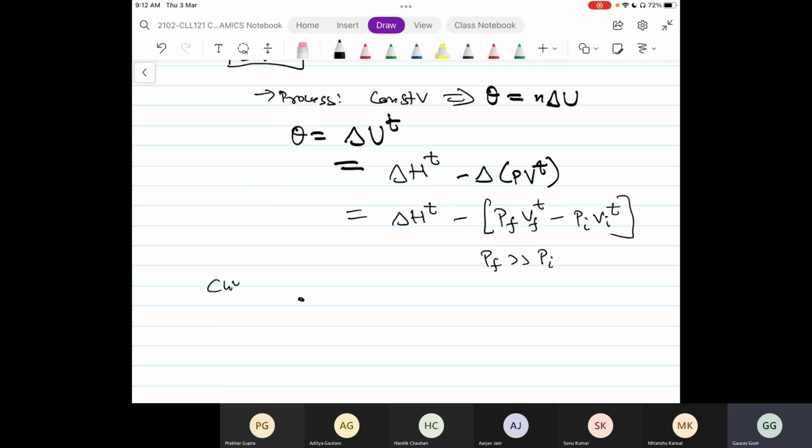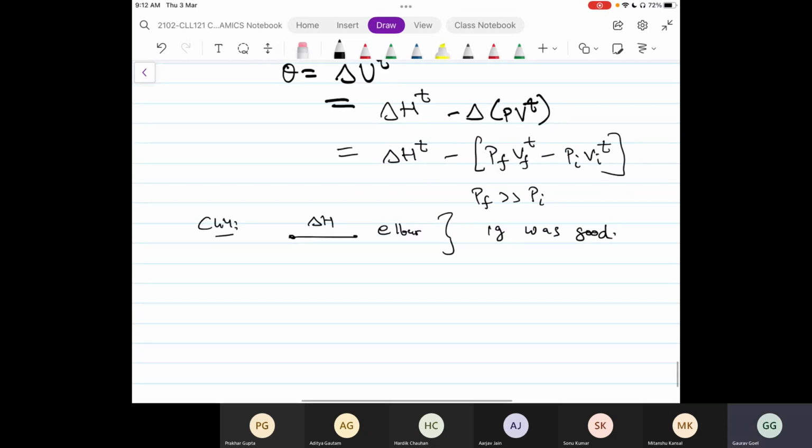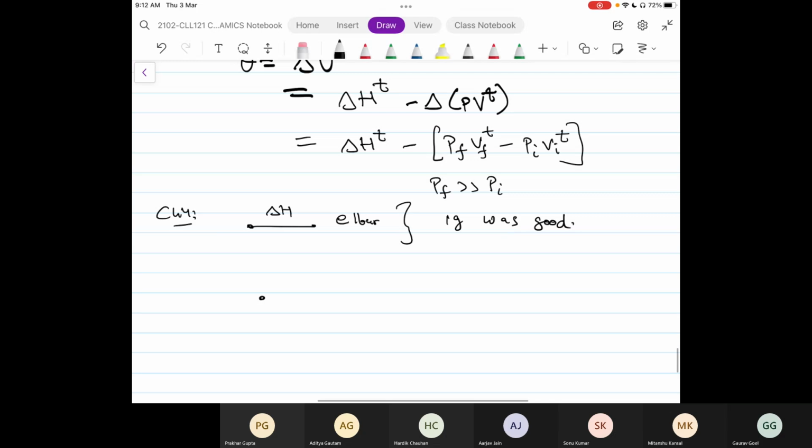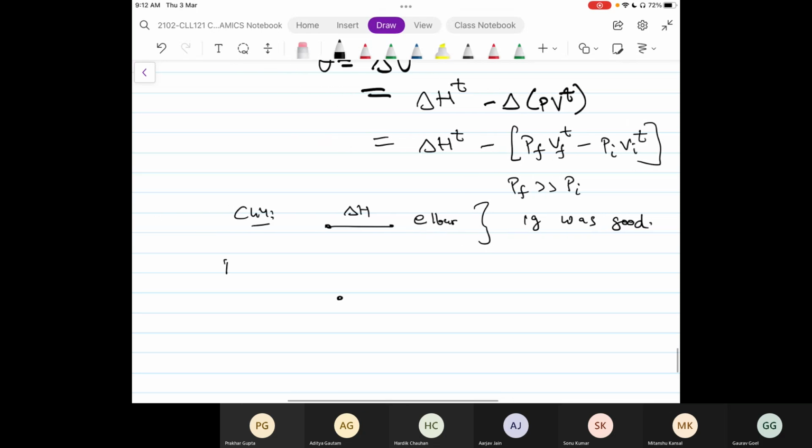In chapter 4, all the property changes you were calculating at the standard pressure condition, and there the ideal gas approximation was good. However, now, in the present scenario, that is the only change that has happened.